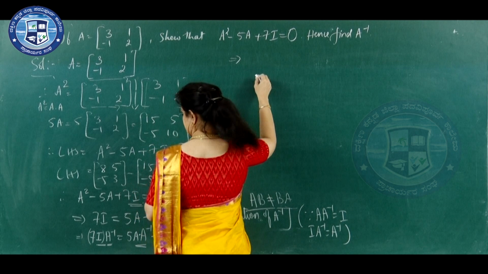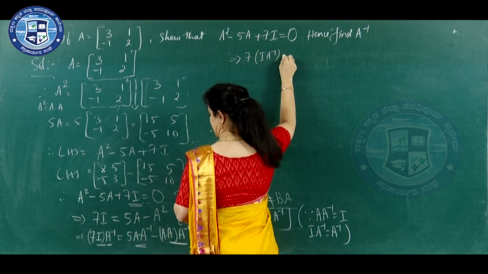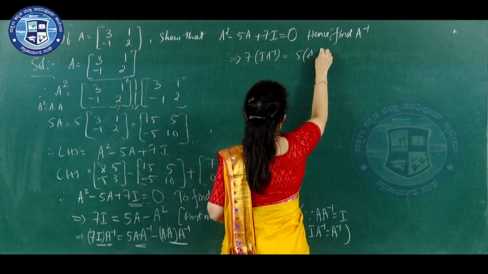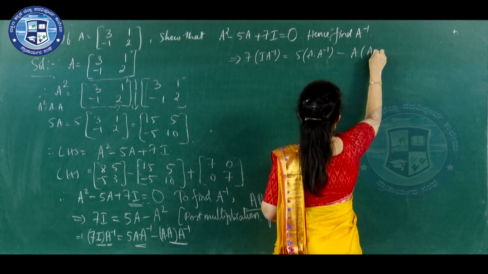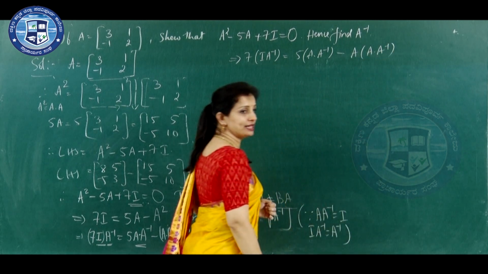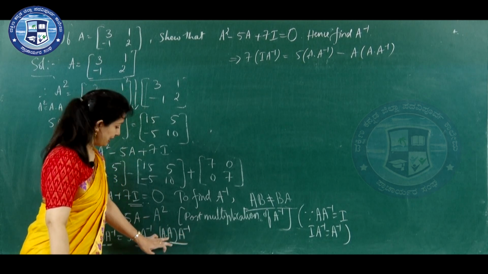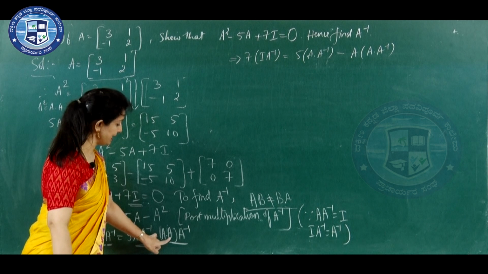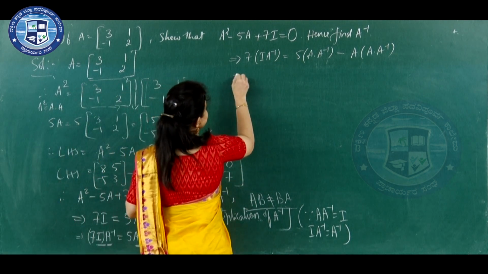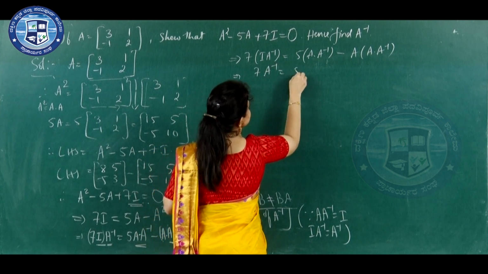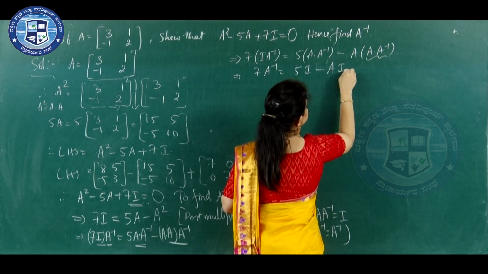So 7 into I into A inverse equals 5 into A inverse minus A into A inverse, and A square into A inverse can be written as A into A A inverse. So 7A inverse equals 5 into I minus A into I, since A into A inverse is I.